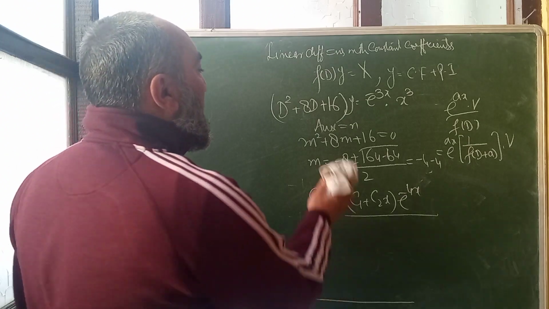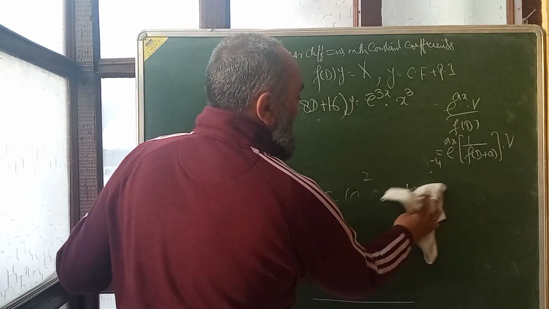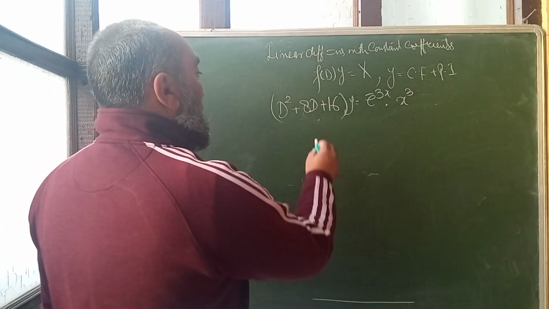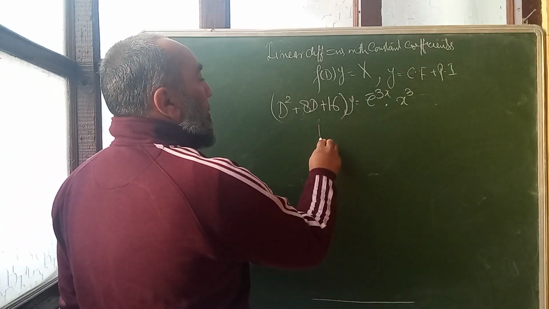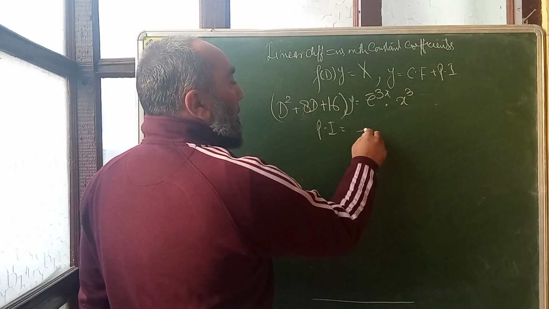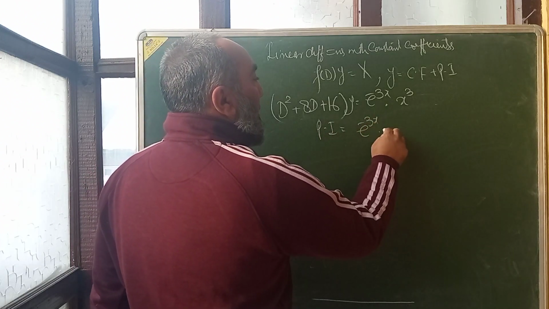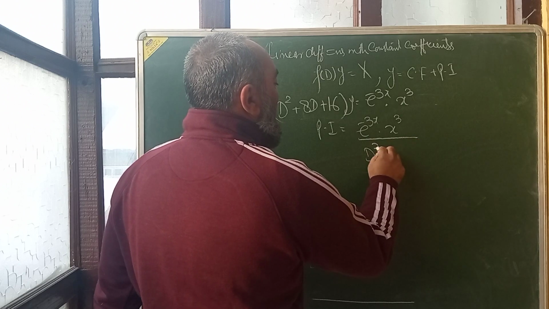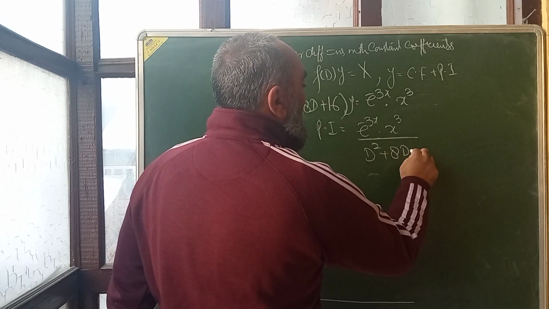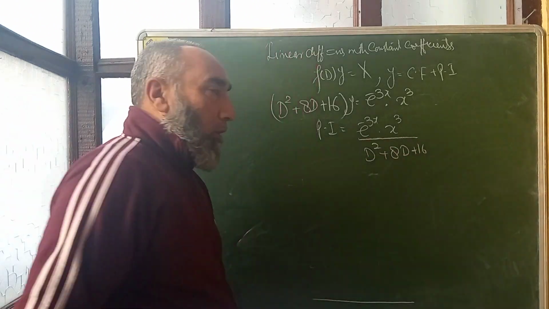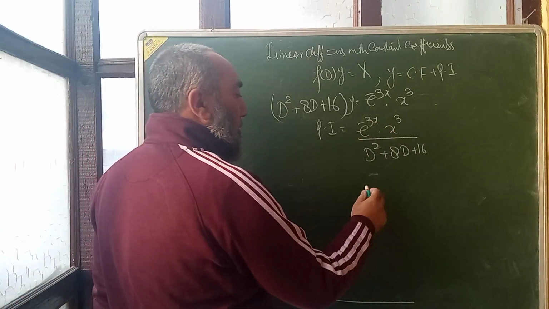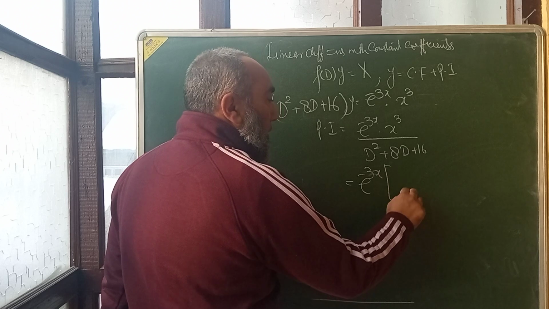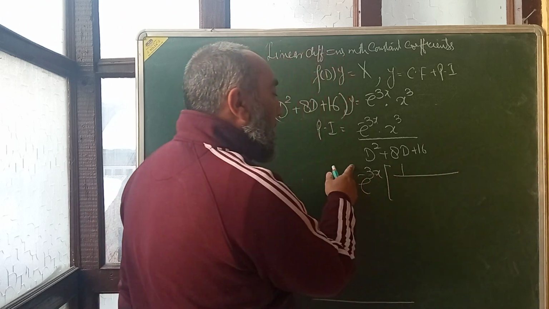Now for the particular integral, it is e to the power minus 3x times x cube, upon D square plus 8D plus 16. Now this is the product of two functions, e to the power minus 3x as it is. What you have to do is replace D by D plus a.